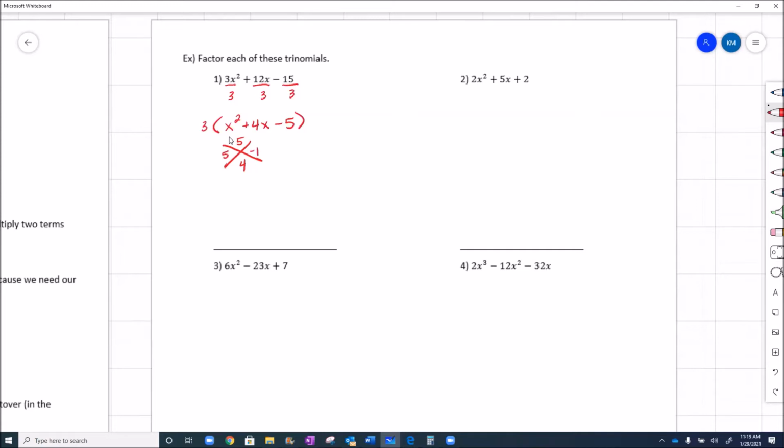Okay, so here I have 3 on the outside, x and x, and we know that because it's just x squared. A is 1, makes it easier. Plus 5, minus 1. Okay, and that's where looking for the GCF first helps us to make our problem a little bit faster.